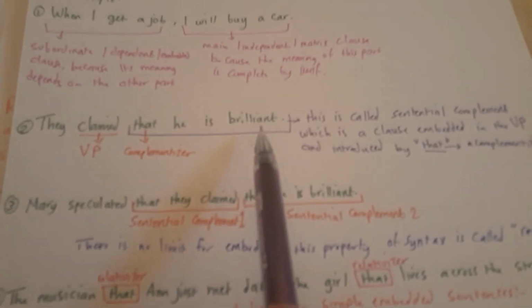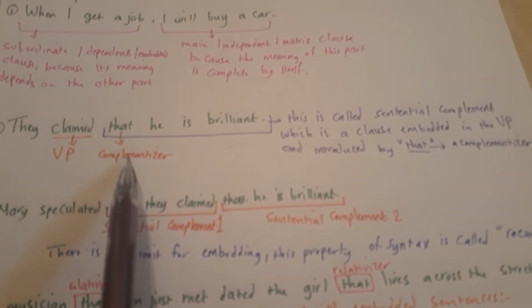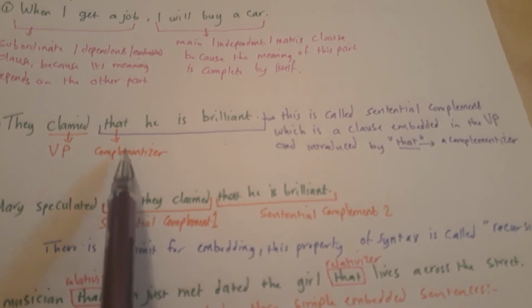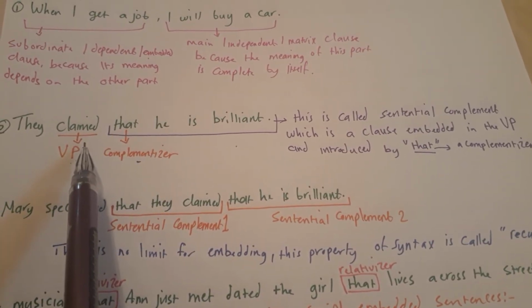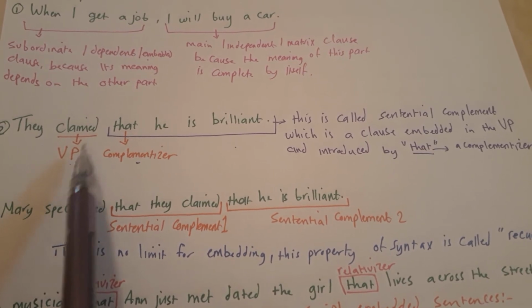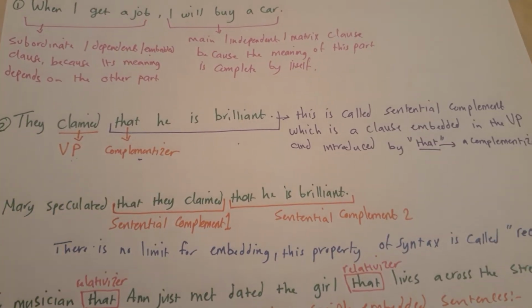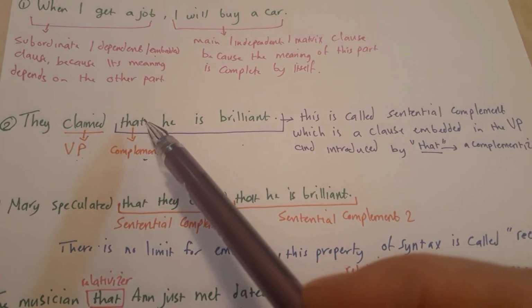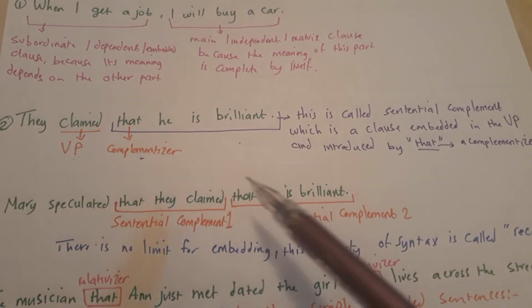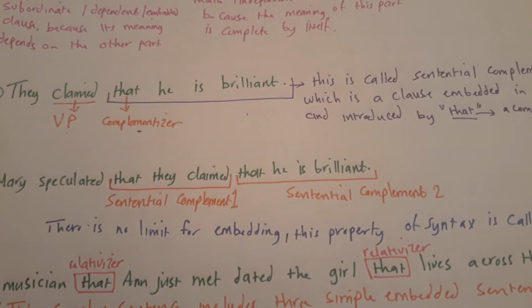This one, as you can see, started with that. We call it a complementizer. And this sentential complement is embedded under the VP. It is part of this VP. And that here is called complementizer because you need to differentiate between that as complementizer and that as a relativizer.